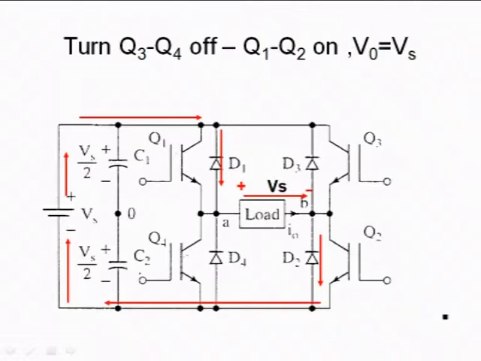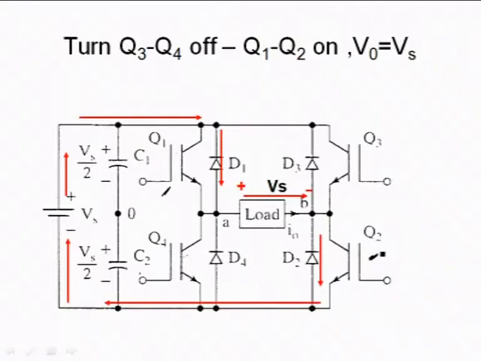Here the 2 transistors will be on simultaneously. Q1 and its opposite arm Q2 will be on. When Q1 and Q2 are on, Q3 and Q4 should be off. When Q3 and Q4 are on, Q1 and Q2 will be off. The operation will follow like that.